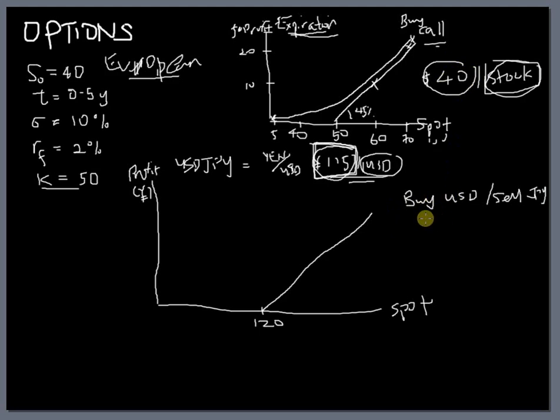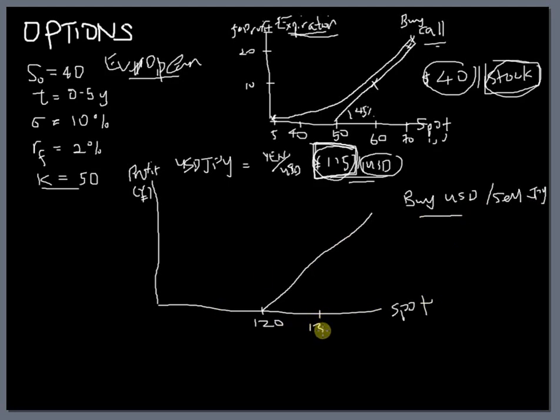So similar for the FX option scenario, when you buy a dollar yen, you are buying the US dollar, which is the denominator here, and you pay the JPY. So sometimes people will say, okay, when you buy a FX option, you are buying a dollar call, selling a yen put. It's the same thing.